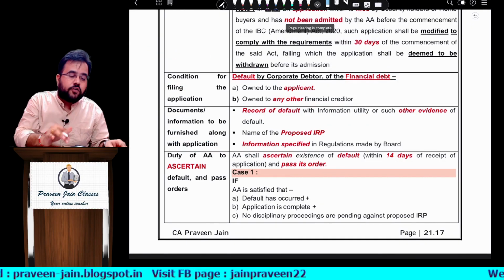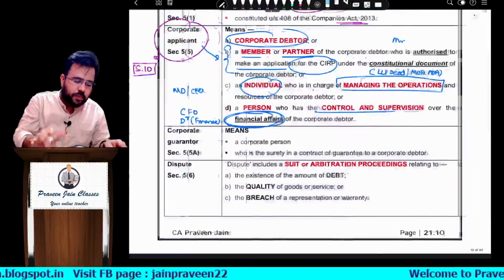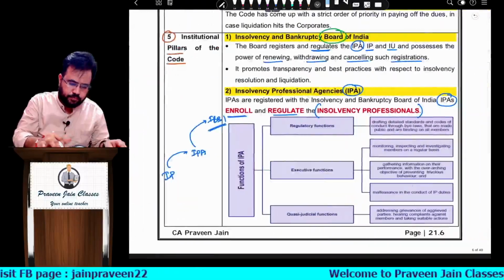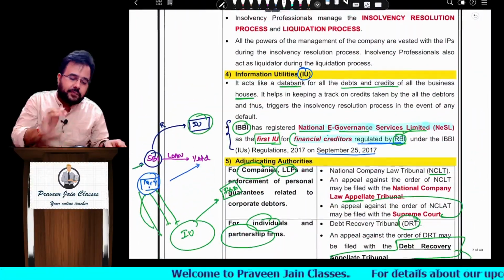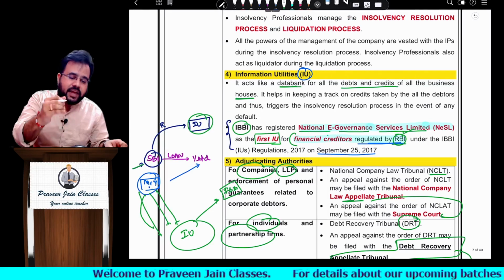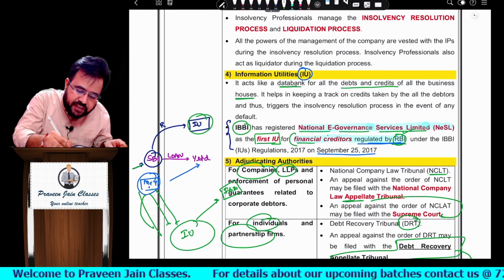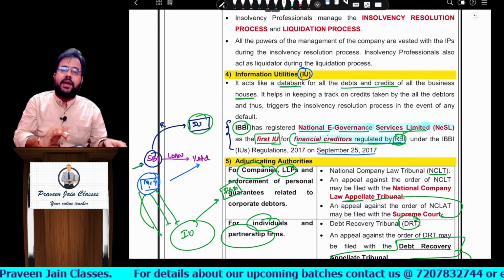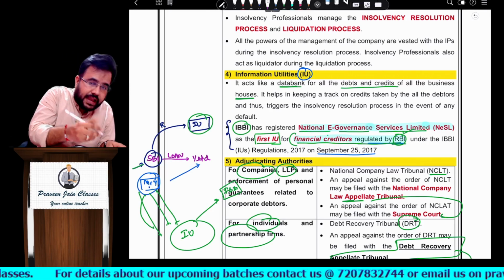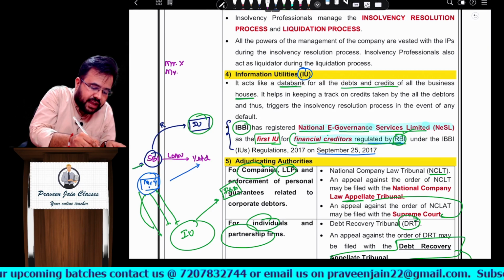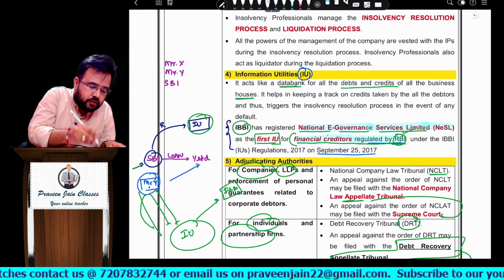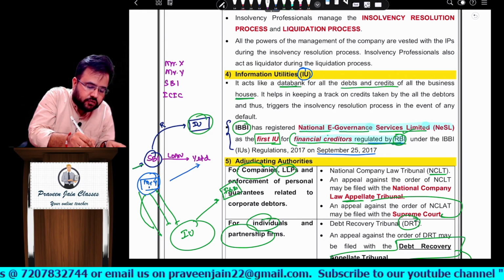Sir, but I also told you, if you remember, today an information utility has been established only for financial creditors regulated by RBI. So here in our example, Mr. X has also given a loan, Mr. Y has also given a loan, SBI has also given a loan, ICICI has also given loans.